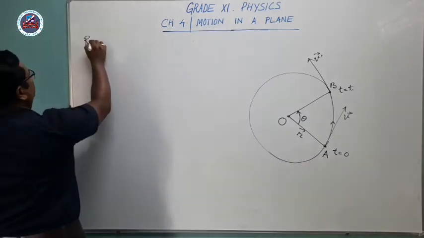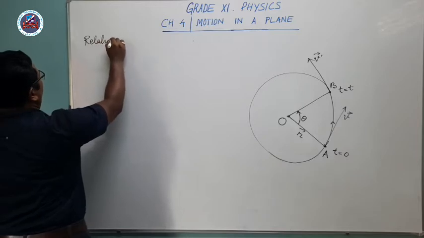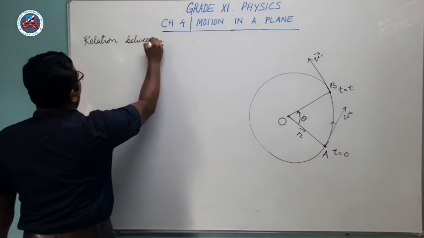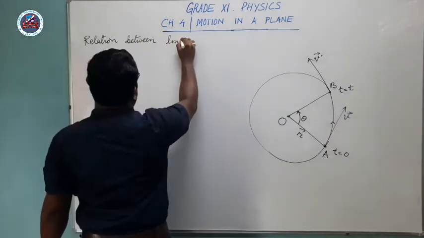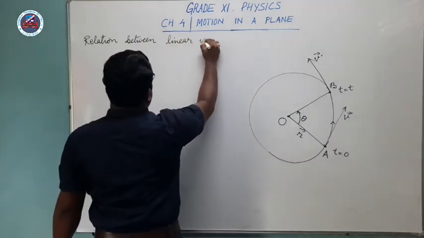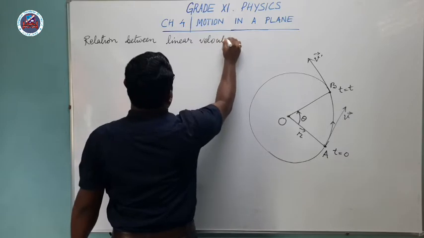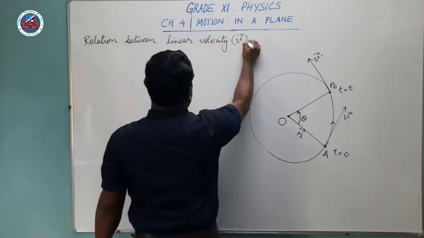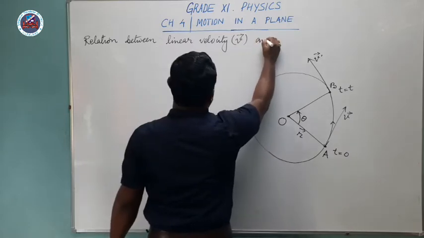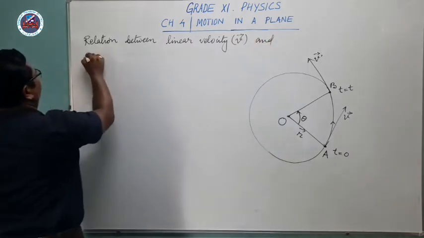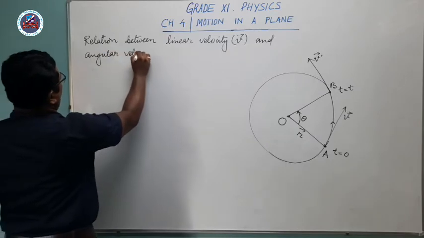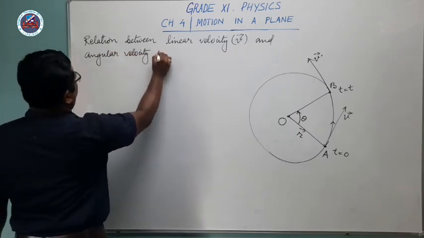Relation between linear velocity V, which we know is a vector quantity, and angular velocity omega.